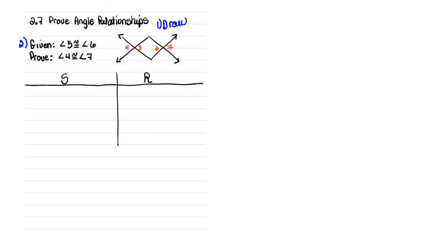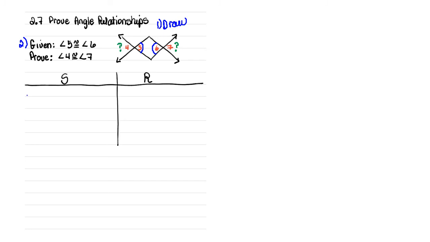We've been given that angle 5 is congruent to angle 6. The third thing is let's mark it up. Label the picture. We need to prove that angle 4 is congruent to angle 7. Either put question marks or some sort of highlighter as to what you have to prove. It helps you move along the way of the proof.